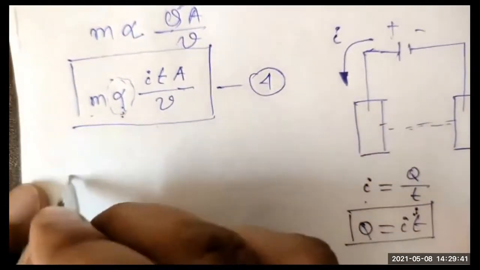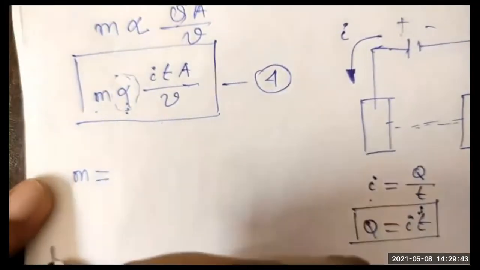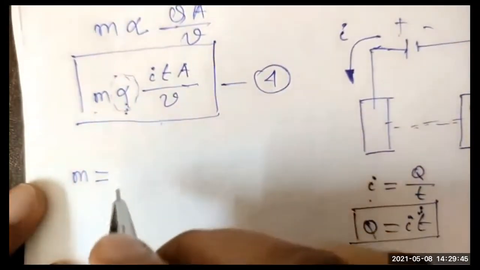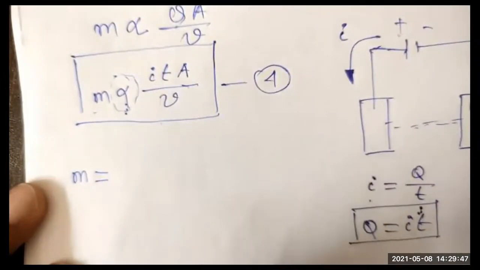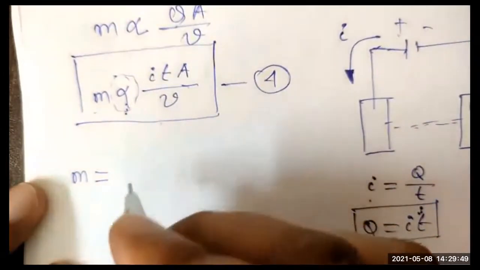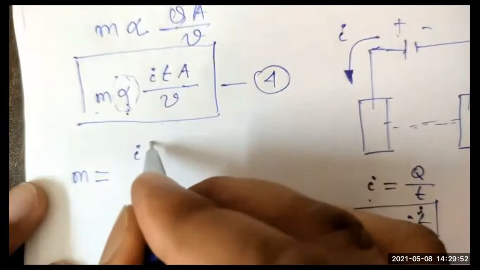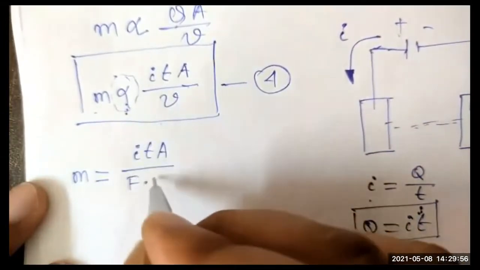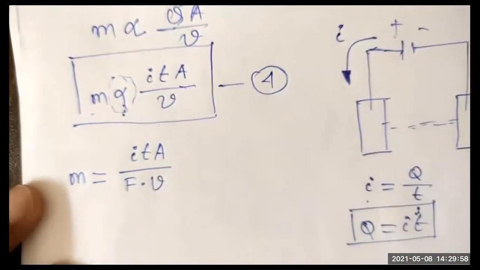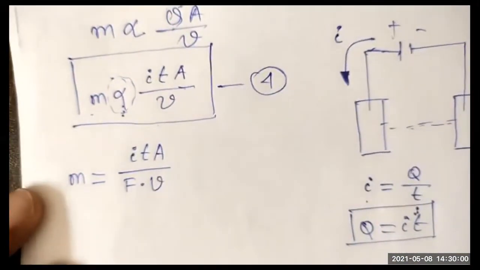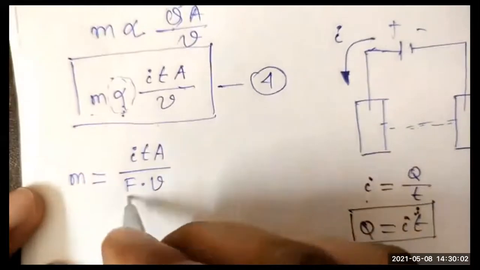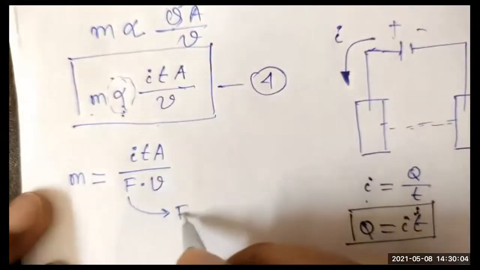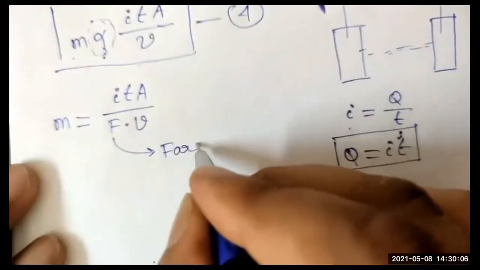So if we are going to give an equal sign, we have to multiply with some constant. So what we are going to do, we will multiply it with 1 by F, where F is nothing but Faraday's constant.